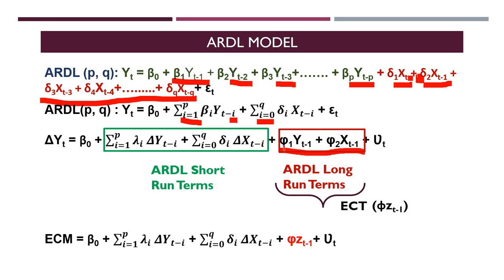The only thing is that I have just replaced phi yt minus 1 and phi 2 xt minus 1 with phi zt minus 1. So this equation will become my error correction model, and this term is my error correction term. So I have only replaced the long run terms with the help of the error correction term.